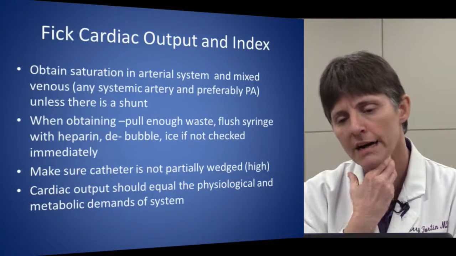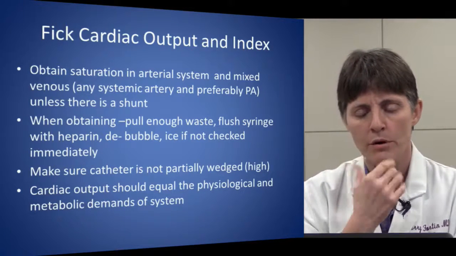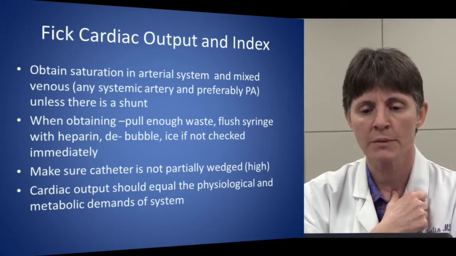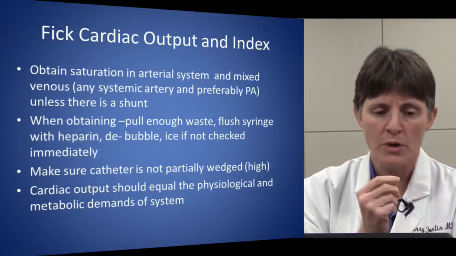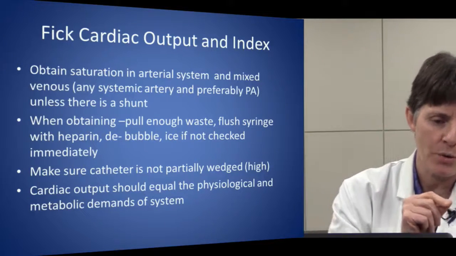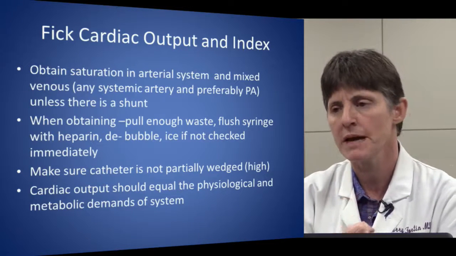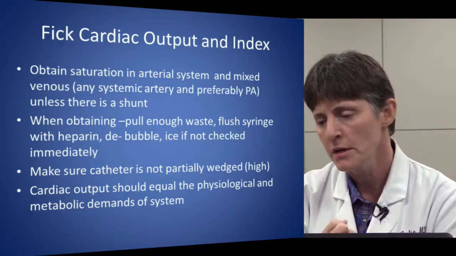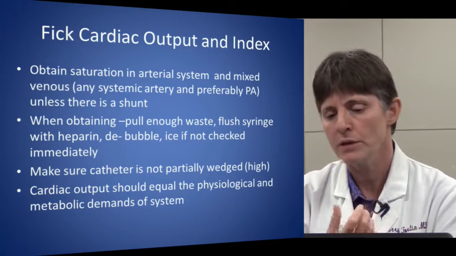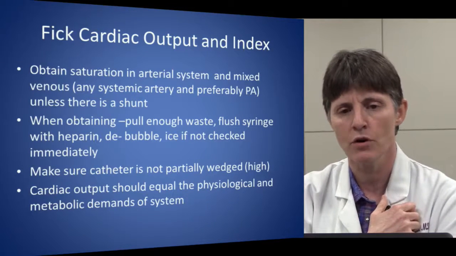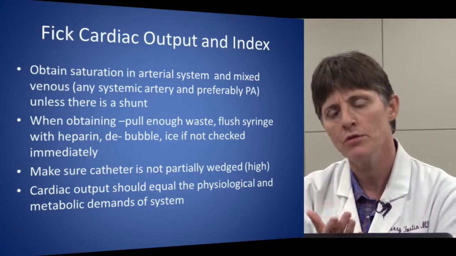So very high sats are often partially wedged, and that's a very common problem. Okay, we should find that our cardiac output goes along with what we think the physiologic and metabolic demands are. So if somebody is very sick, there should be a high cardiac output unless there's some other thing to make that low. So make sure, again, that your numbers make sense.